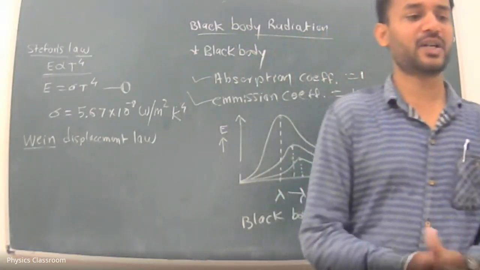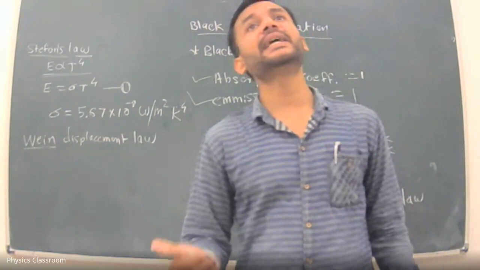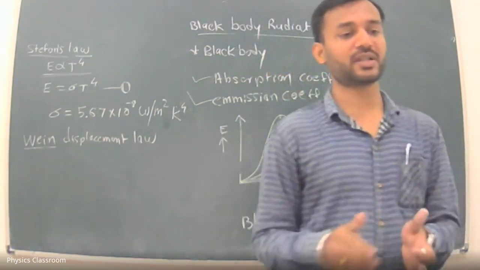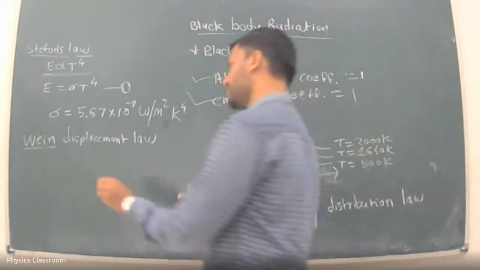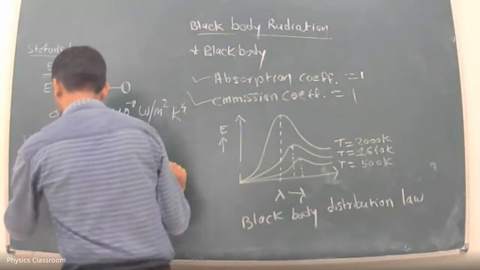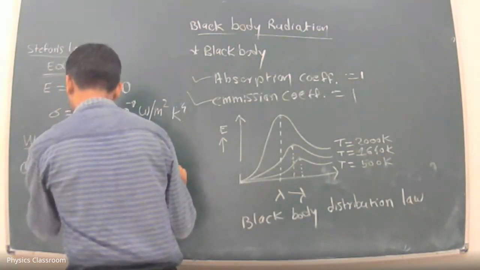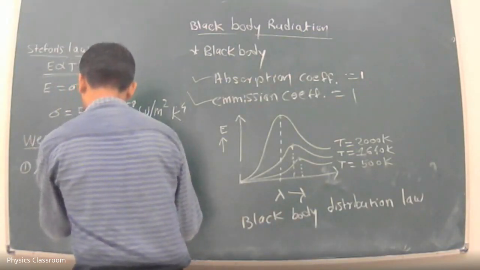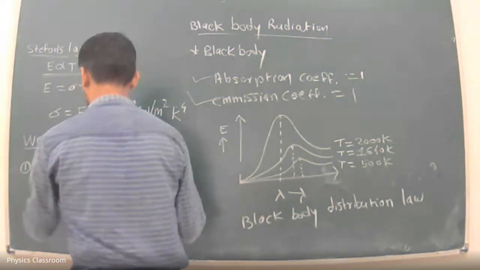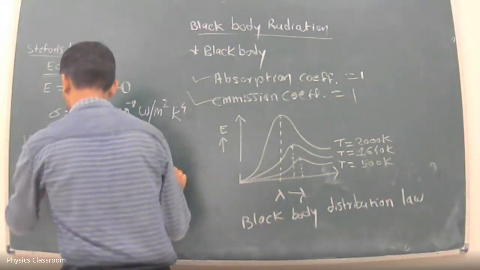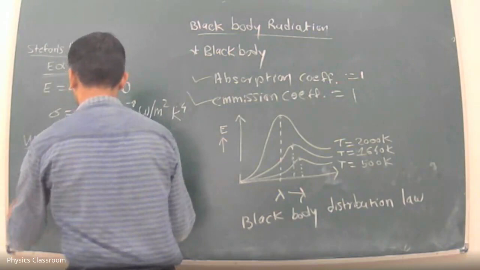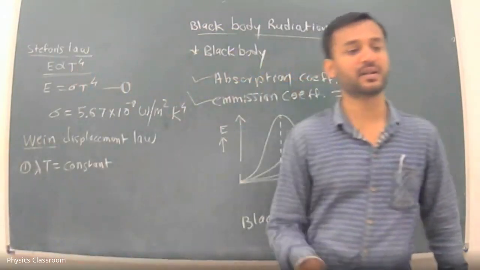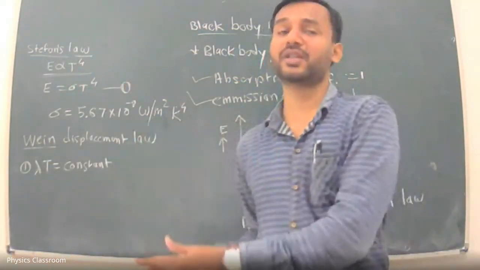In the Wien displacement law, lambda T is equal to constant. This first phenomenon means that wavelength into temperature gives some constant.